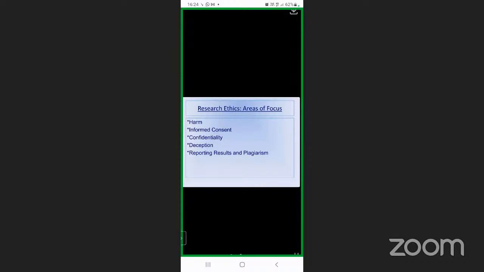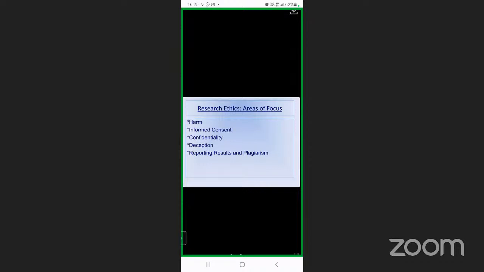Okay, so most of the principles, if we see the different things, right to exploitation, right to freedom, beneficiaries, or respect for human dignity, they all come under the ethical principles according to different reports.